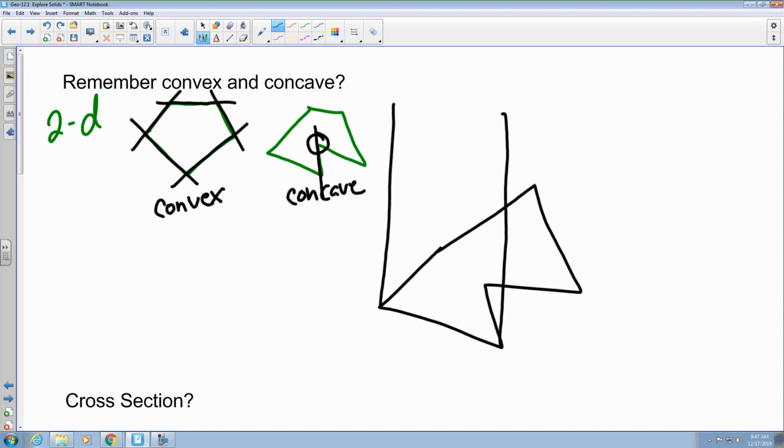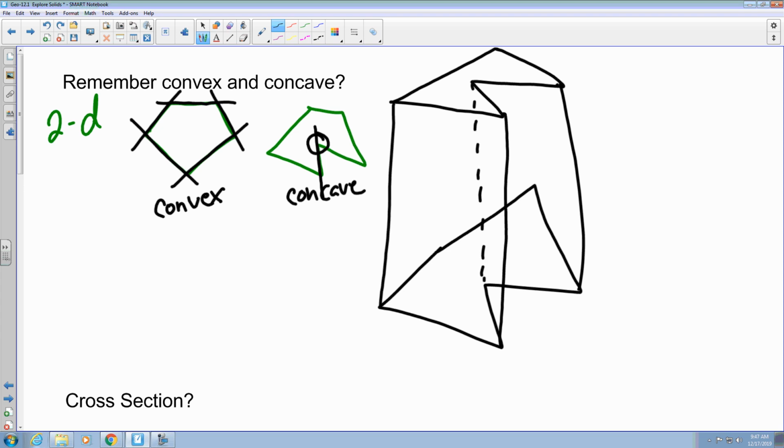Easier said than done sometimes. So it looks something kind of like that. And because of this portion right here that protrudes on the inside, that makes this 3D image concave.